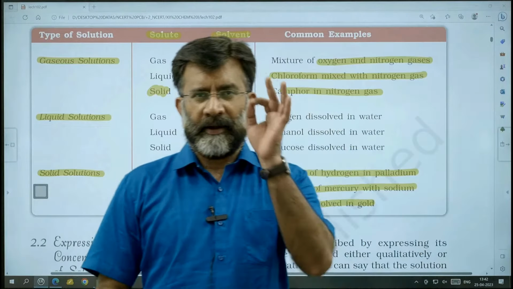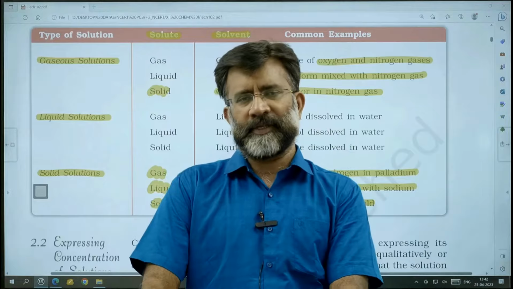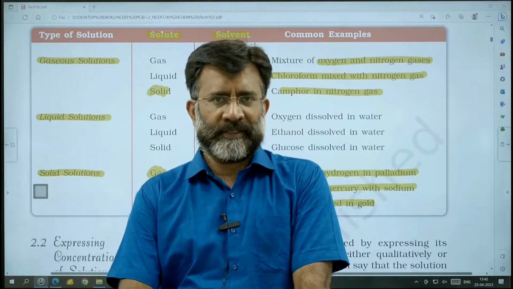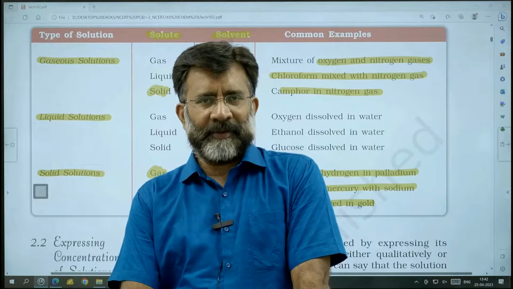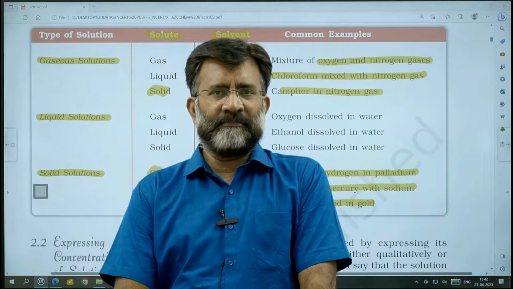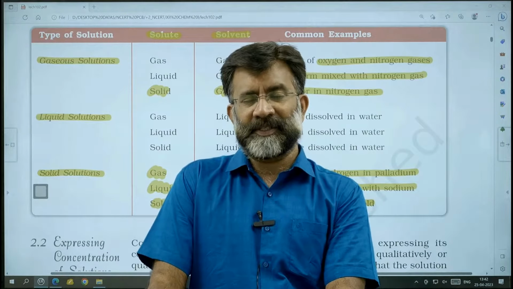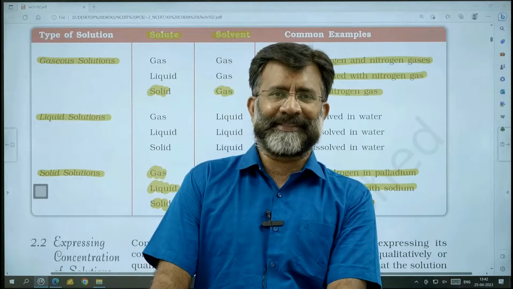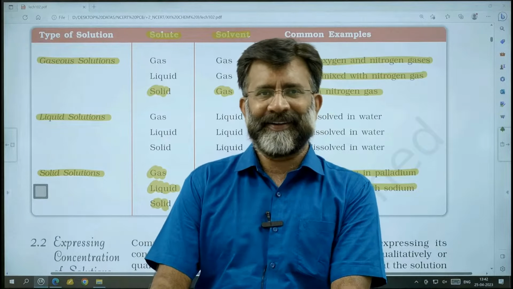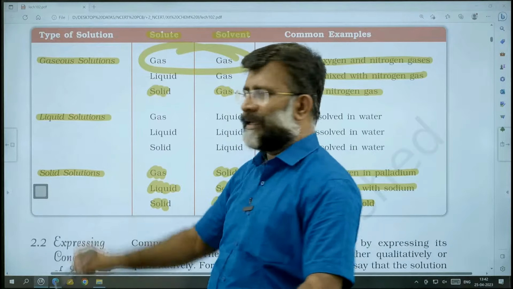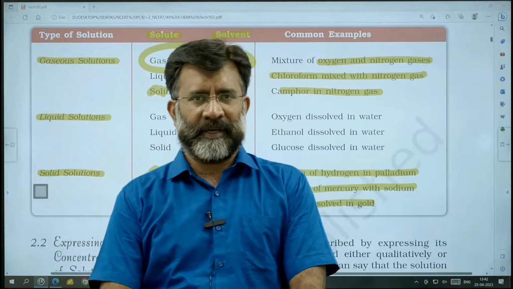There are 9 combinations based on the physical state of solute and solvent, right? Can you tell me which is the most easily miscible combination? Among the 9, which is the most miscible combination? Yeah, no doubt. Gas in gas. Gas in gas combination will be the easily miscible combination, right?